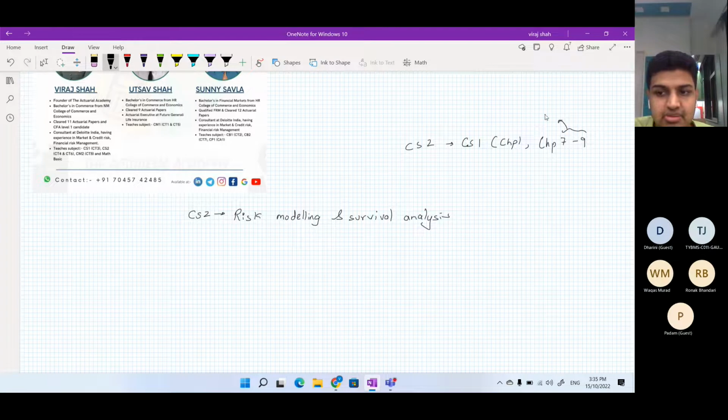Seven chapter might be all the concepts, with respect to the 8th and 9th, especially the ending part, that is your chi-square test, your hypothesis testing and confidence intervals with respect to probabilities. Those would be important. Even chapter 2 a bit. So overall CS1 would be very important, but these are the major chapters.